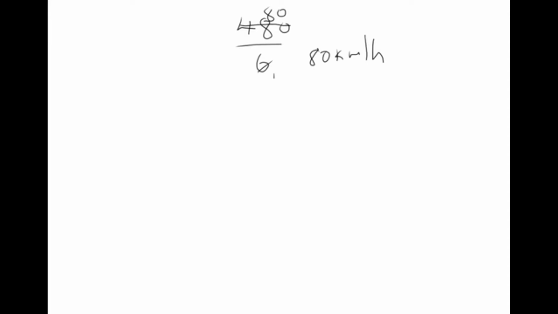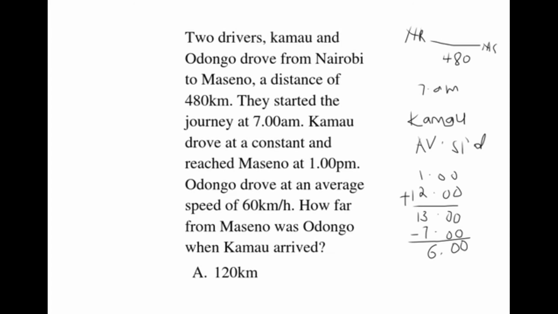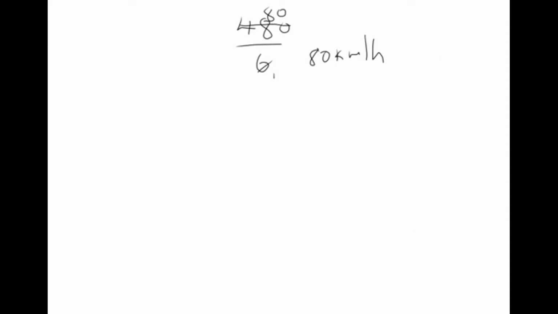Then we go to Odogo, who drove at an average speed of 60 kilometers per hour. So the time he took, we take 480 divided by 60.